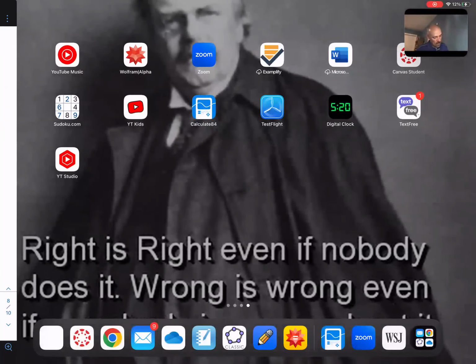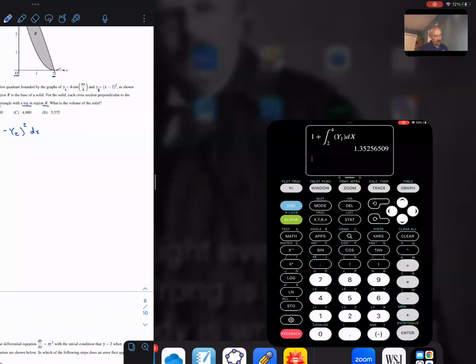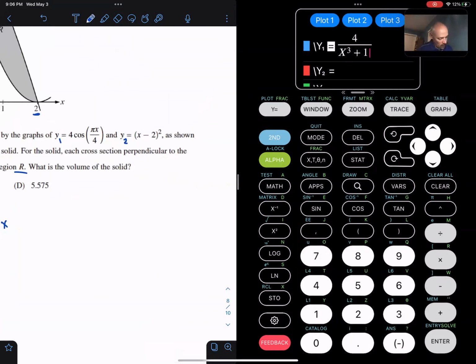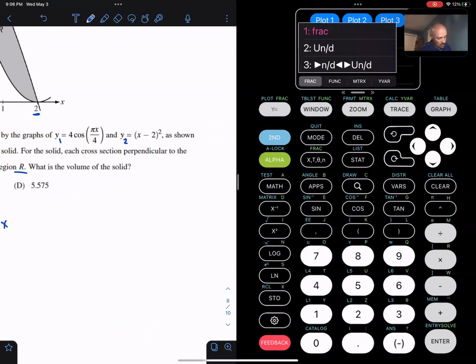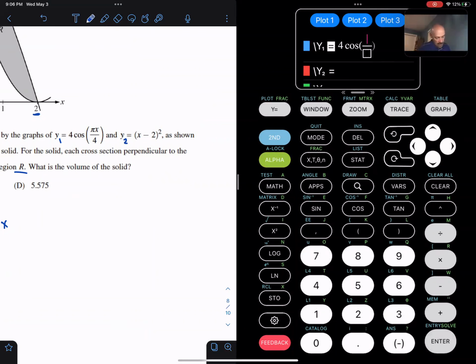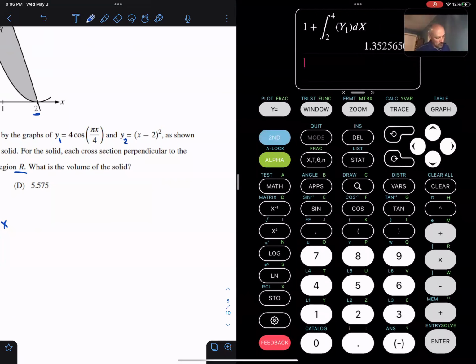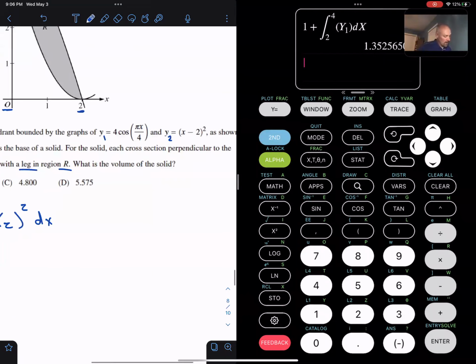Bring my calculator back up. I'm going to put it in as y1 and y2. So y1 is cosine of pi x over 4, and then y2 is going to be the quantity x minus 2 squared. Okay, now I'm going to go to my main screen and put in my integral.